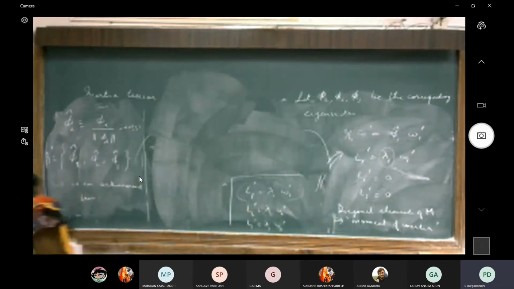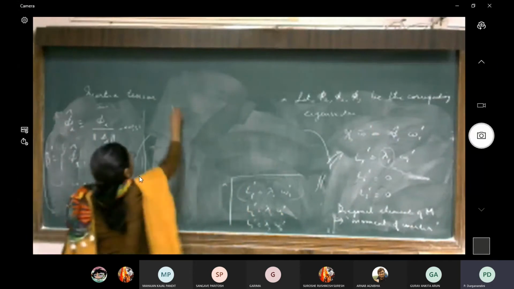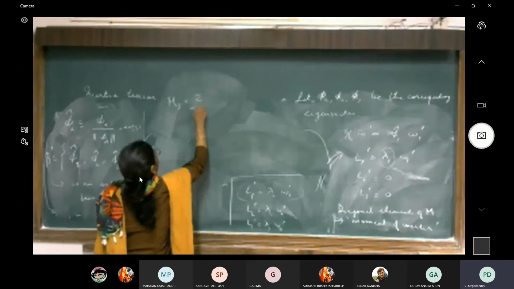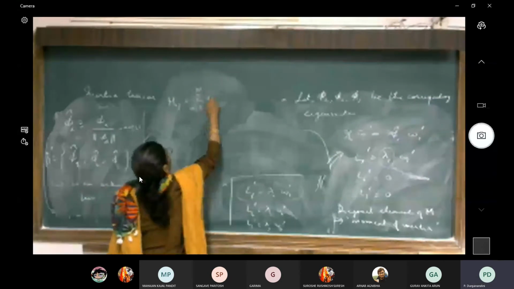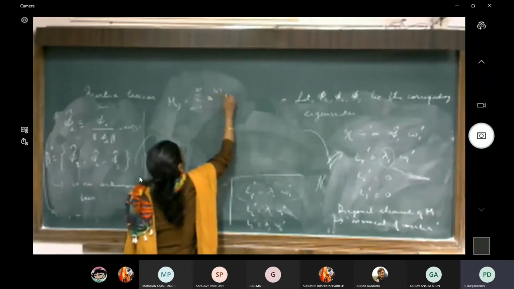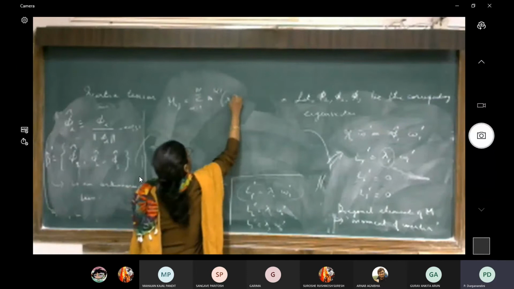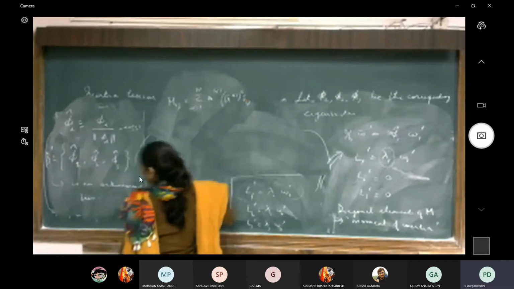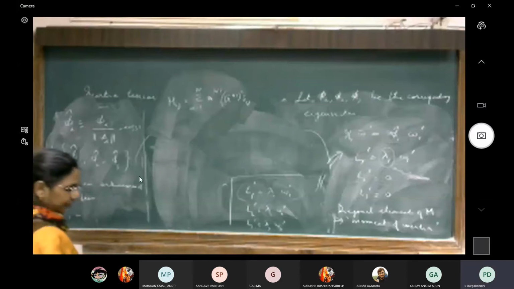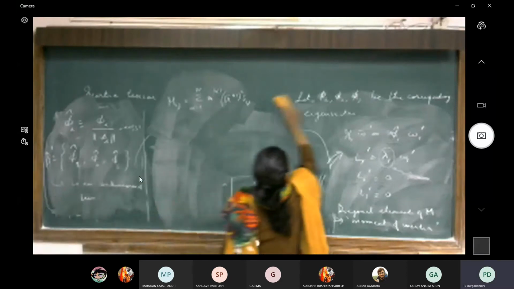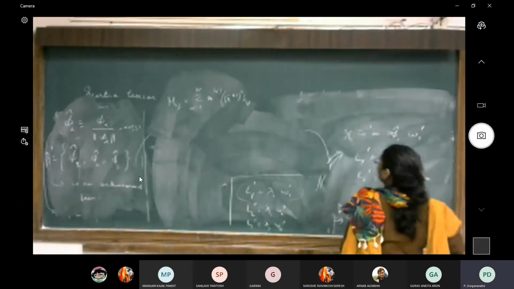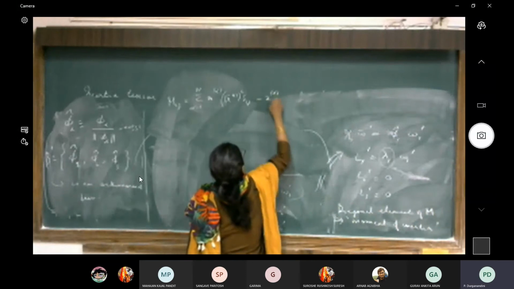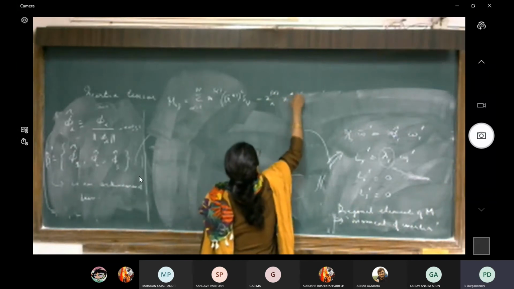But we also saw what M ij is. My M ij by definition was the sum over alpha equal to 1 to N of m alpha, and then I had r alpha squared delta ij minus x alpha i x alpha j.